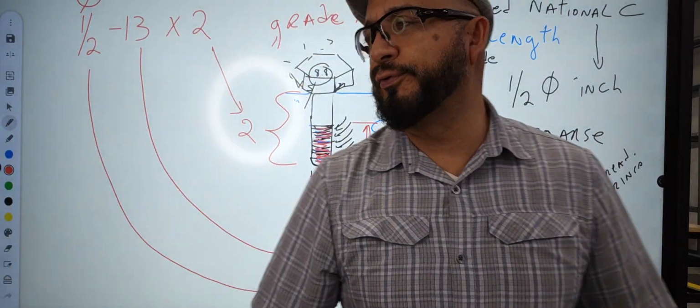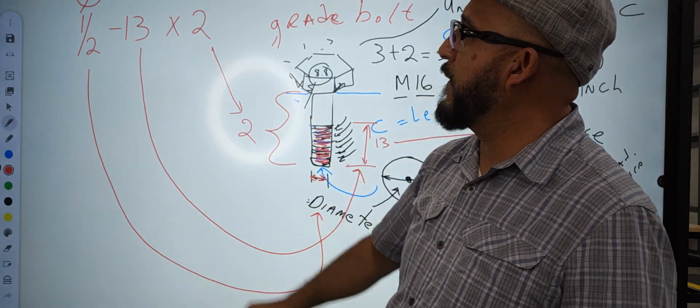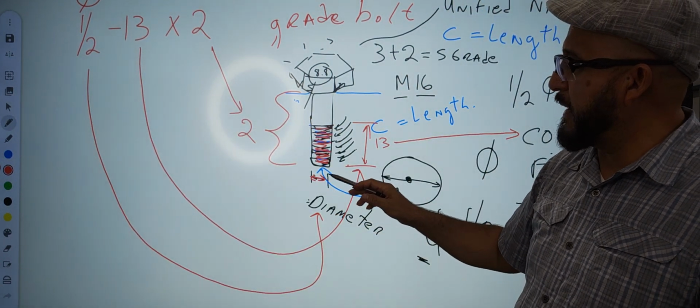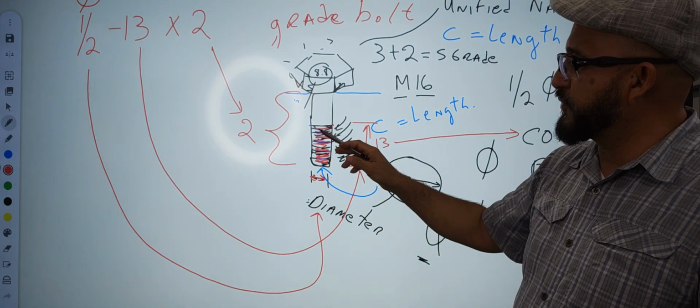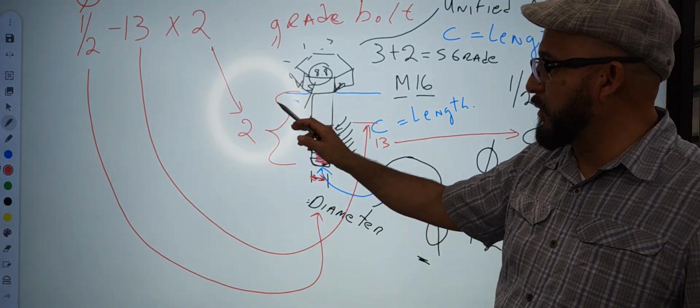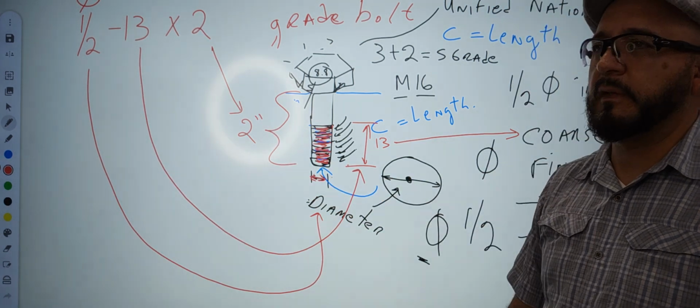You have to be able to read this number and realize what it is saying. This tells you it's a 1/2 inch diameter with 13 threads per inch, and the 2 means how long it is. It's 2 inches.